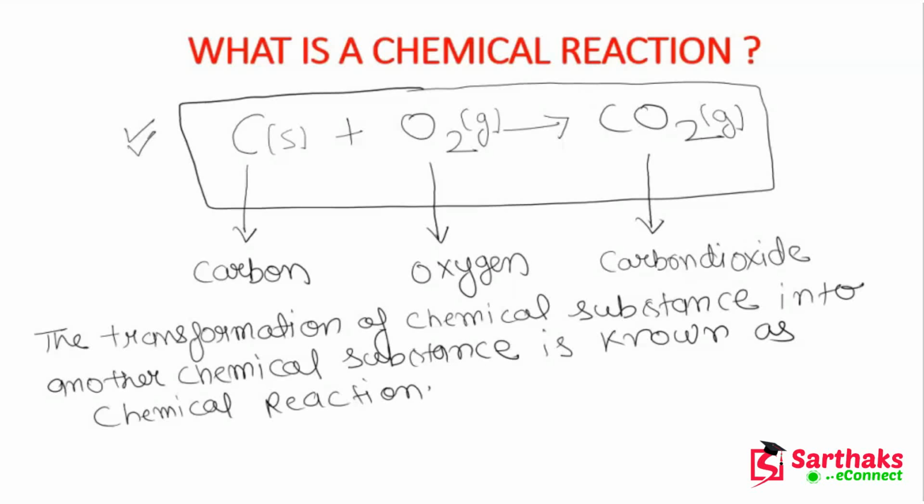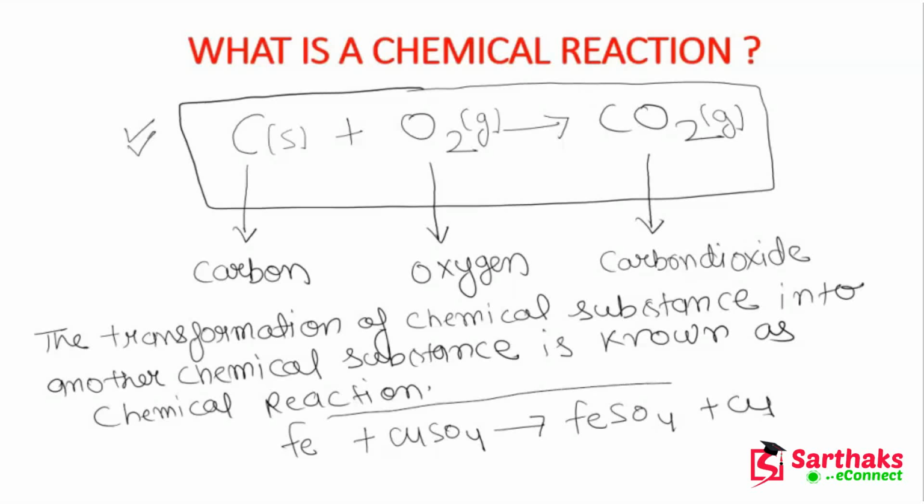So what I want to say basically, let me write a chemical equation for you. This is a chemical equation. Fe plus CuSO4, when these two react, then it will give FeSO4 plus Cu. Here also you might not be able to understand what I have written.